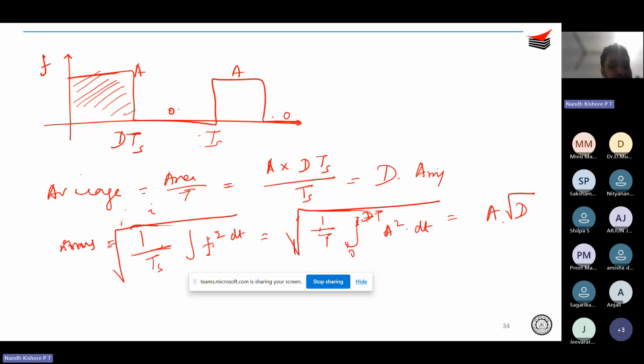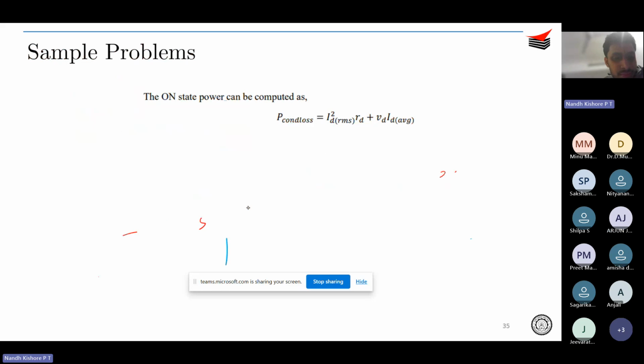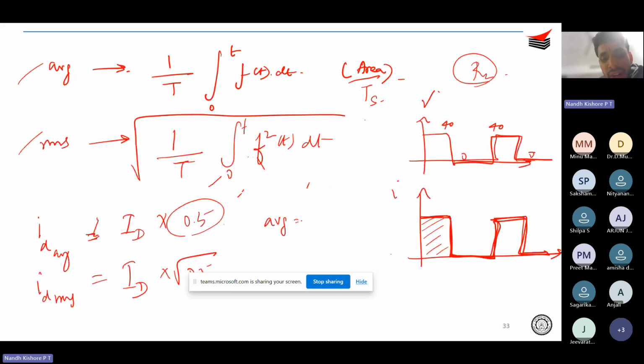Okay, root over duty. So you understand that for a square wave, average is amplitude into duty, and RMS is amplitude into root over duty.